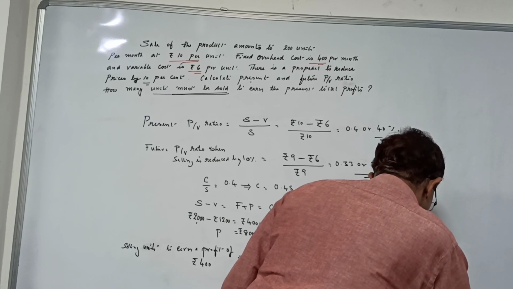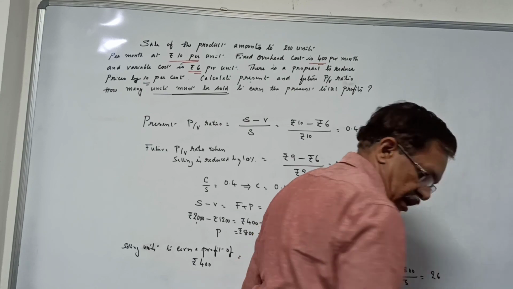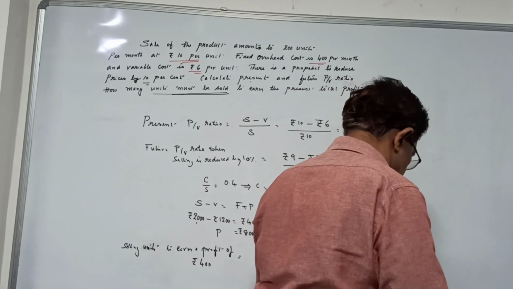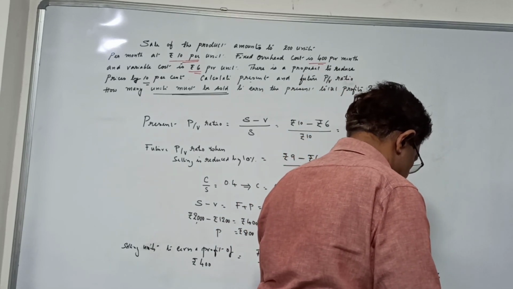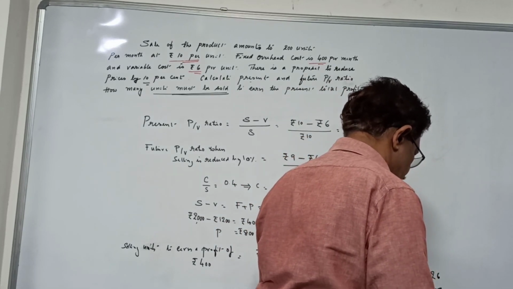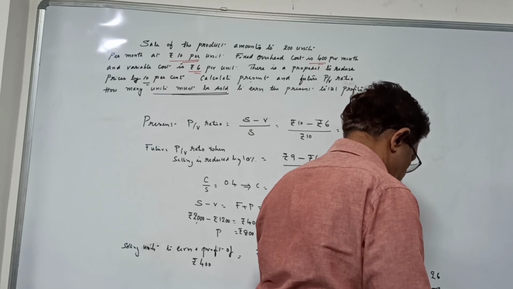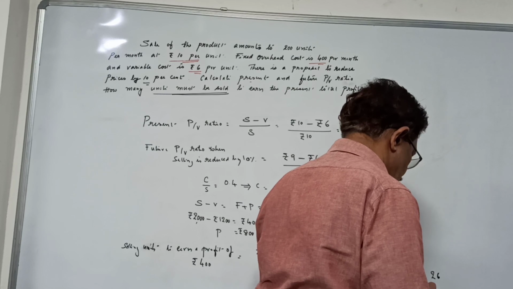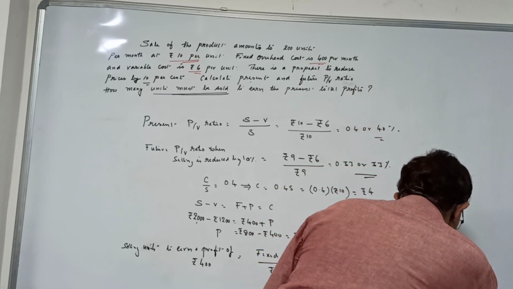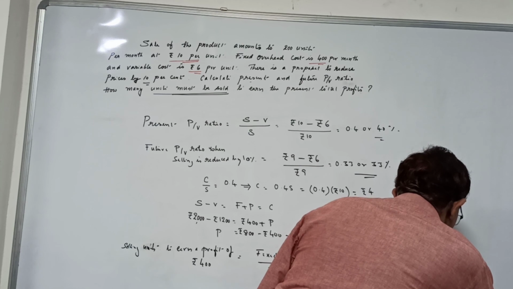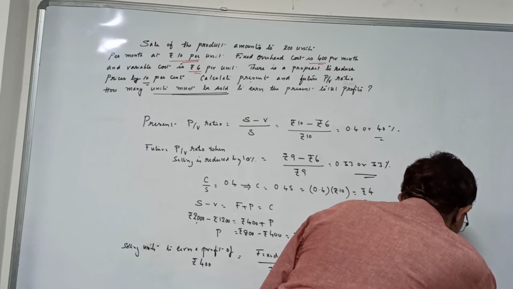This is 800 divided by 3 exactly. If you wanted to get it, which is nothing but 266.67 units, or we can say 267 units.